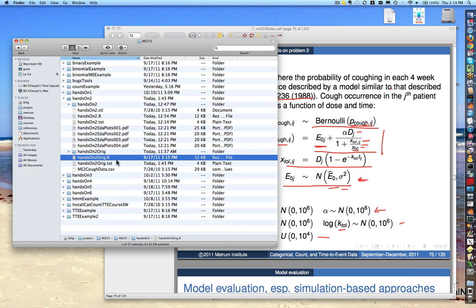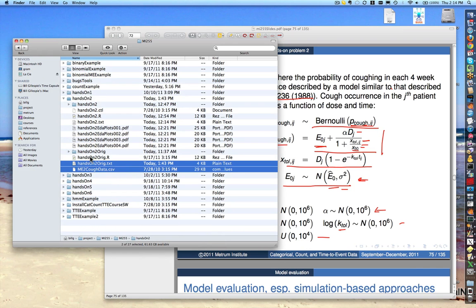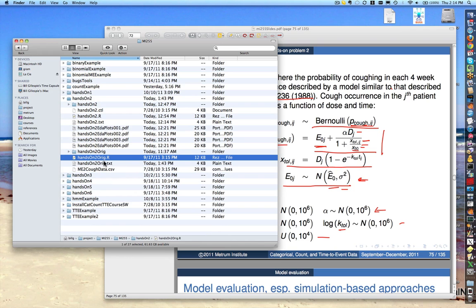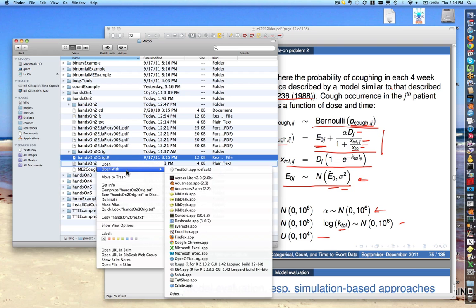I've renamed them here because after running this I decided it needed some tweaking, but the versions you have are the ones that I've called hands-on2 ORIG for original for these two cases. So let's start with those because it's probably a nice learning exercise to see why I decided it did need some tweaking. Okay, so let's go ahead and open up the model first.